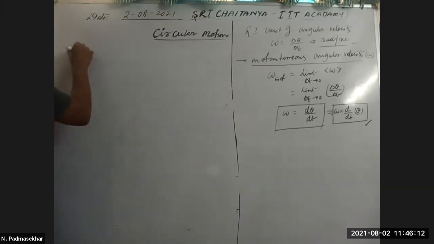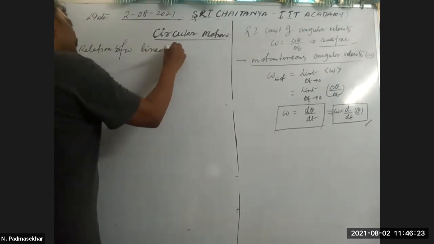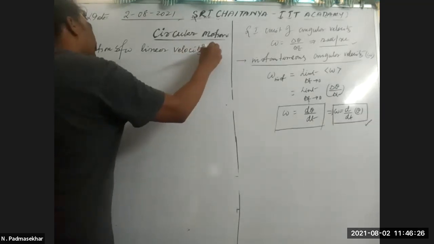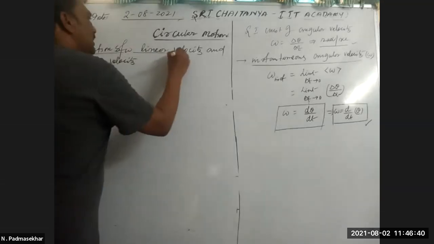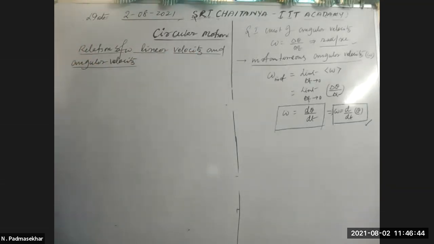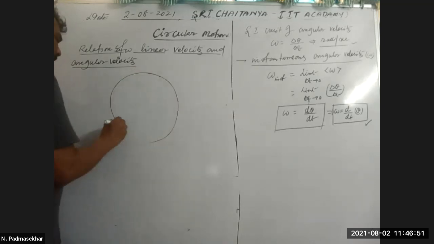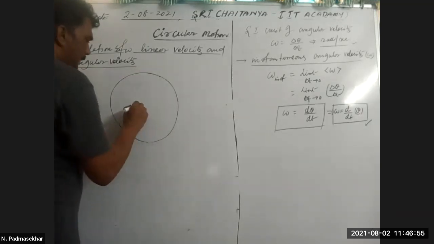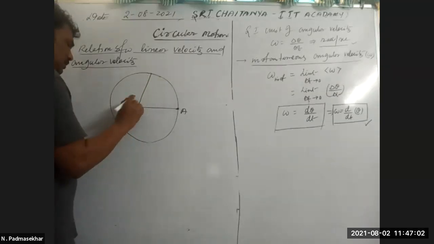Look here. Suppose this is A, and the body is revolving.